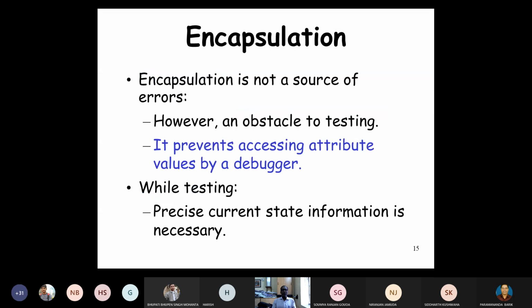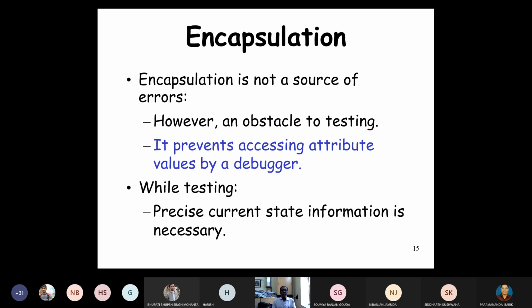Then we will see how the different object-oriented features affect object-oriented testing. What are the object-oriented features? They are inheritance, encapsulation, polymorphism, and dynamic binding. I have already told you that these features do not make the life of the tester easy.